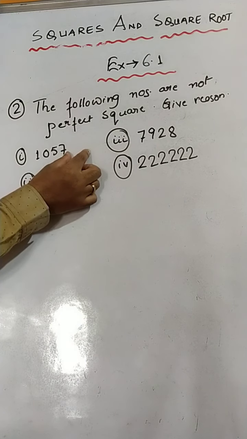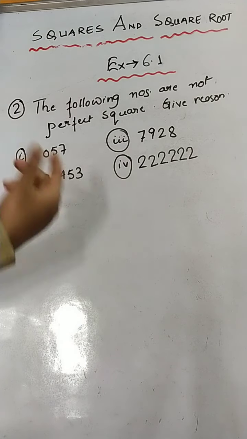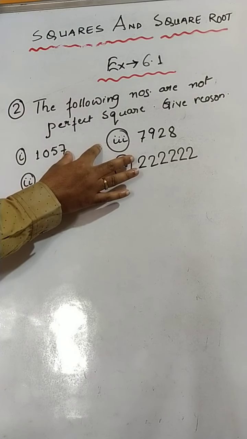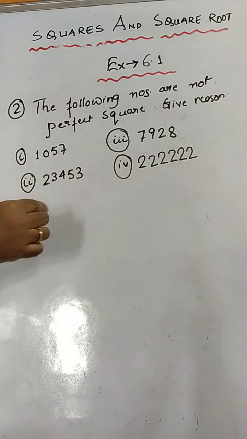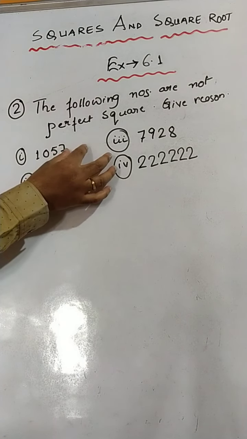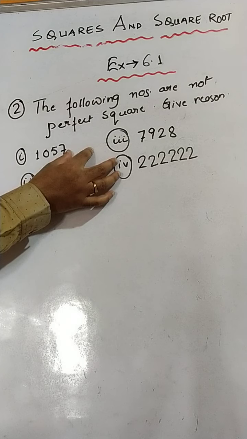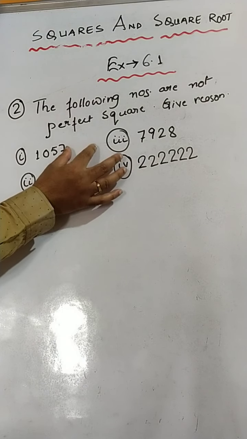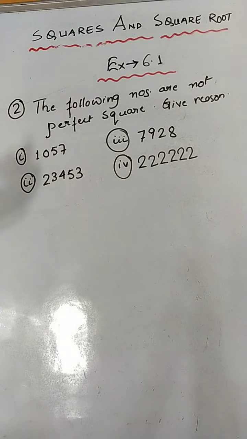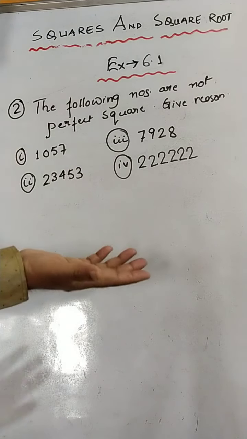But if the number of zeros is odd, say 3, 5 or 7 zeros, then that number will not be a perfect square. If a number carries 2, 4 or 6 zeros, that is an even number of zeros, then it could be a perfect square. I am not saying it will be a perfect square, but it could be.